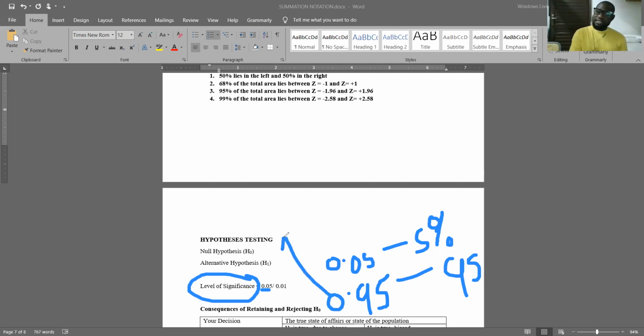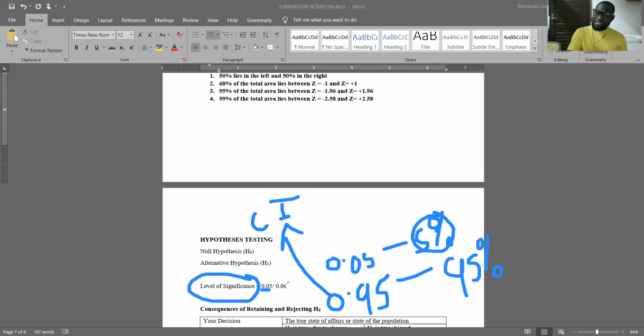And we call this 95%, or the 0.95, the confidence interval. Then the 5% is what is referred to as the error, or the level of significance.